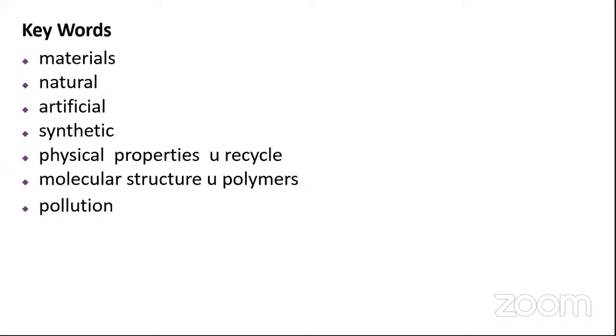Take an example, if you are holding a pen, you can see that the pen is transparent. Sometimes you find a pen is smooth on the surface. So that is also a physical property. Some things are rough, some smooth, some tall, some short. So those are the physical properties according to my understanding.